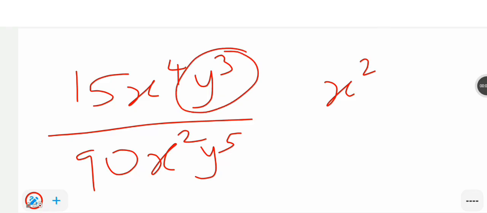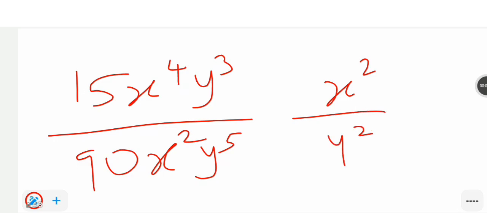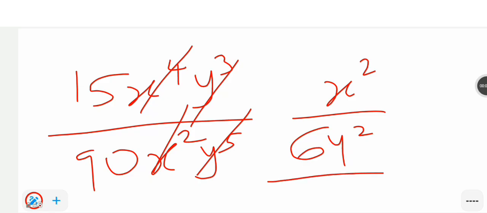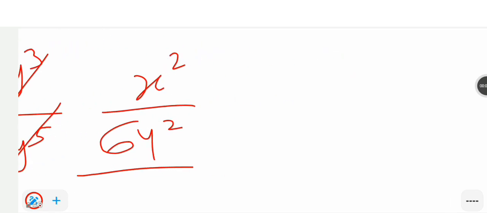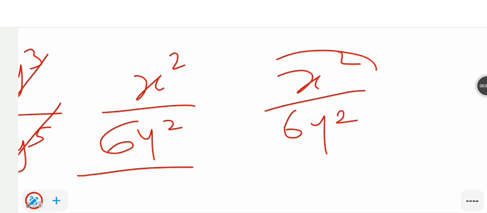Then you have y 3 times at the top and 5 times at the bottom, so it's going to be y squared at the bottom. Then 15 divided by 90 will give you 6. So the answer is x squared over 6y squared.